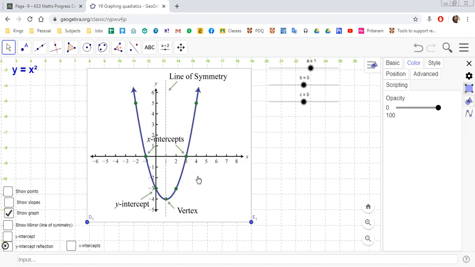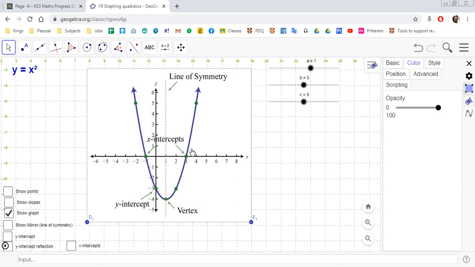Well, there are more terms that you need to know. Of course, the line of symmetry is exactly where the parabola is changing its behavior, changing its direction. It's decreasing and then starts to increase. Or if you have a negative number multiplying the quadratic term, you're going to have an inverted parabola.